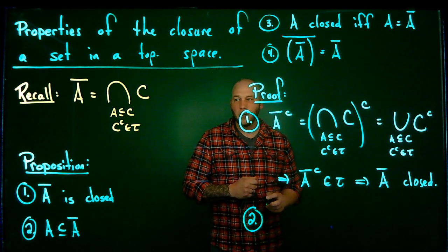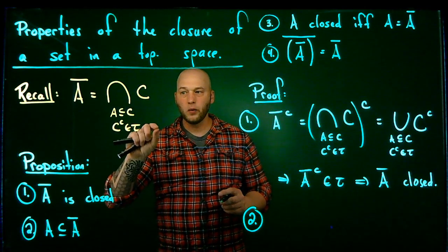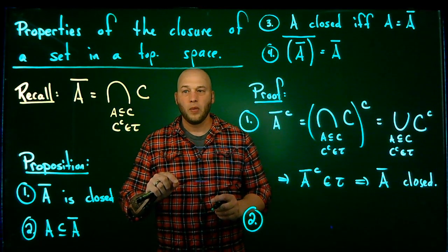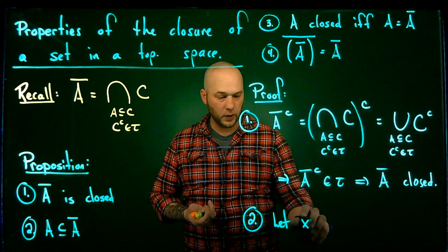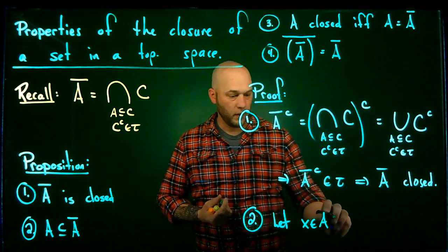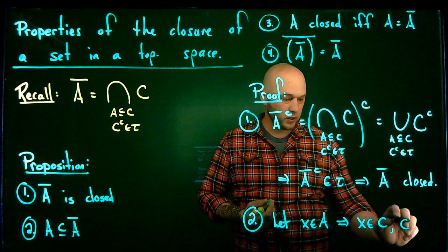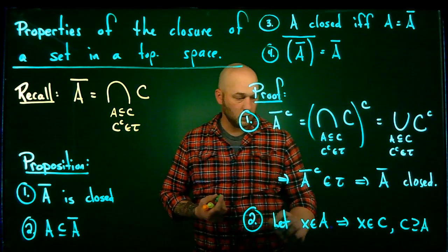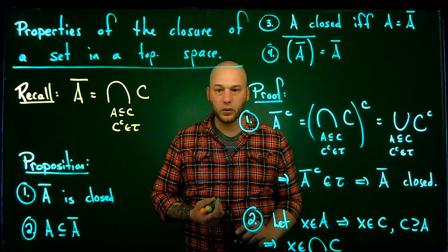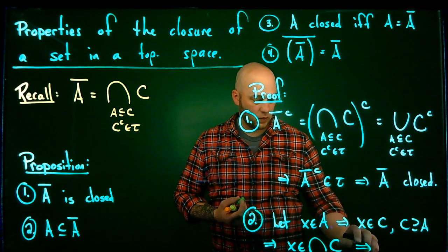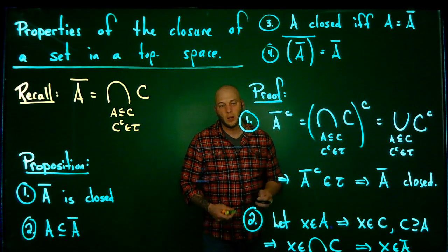Number 2. A is always contained within its closure. Well, the closure is the intersection of sets, all of which contain A. Therefore, if I let X be an element of A, then X is also an element of C, where C is a superset of A, which means that X is an element of the intersection of all of those, which is equivalent to saying X is an element of the closure, and therefore the set A is contained within the closure.